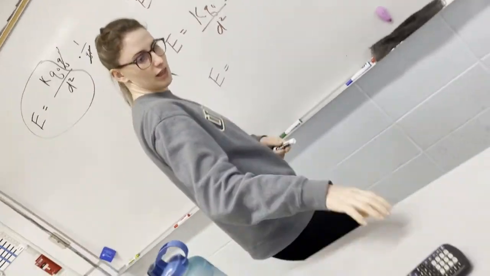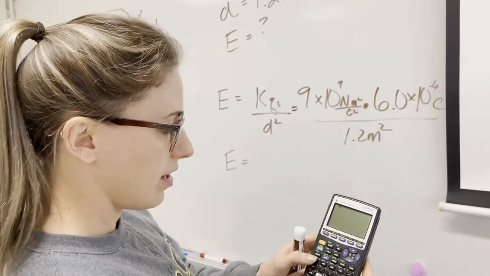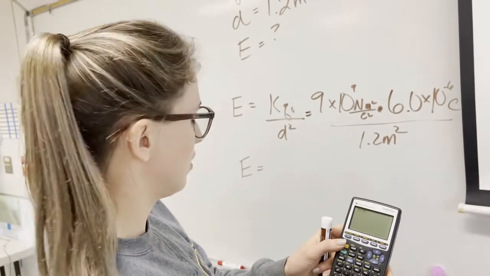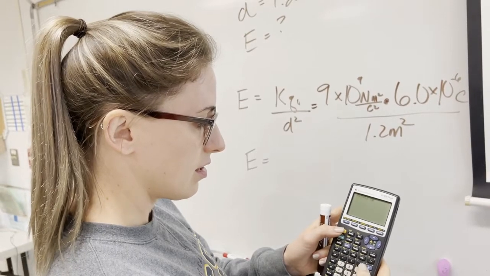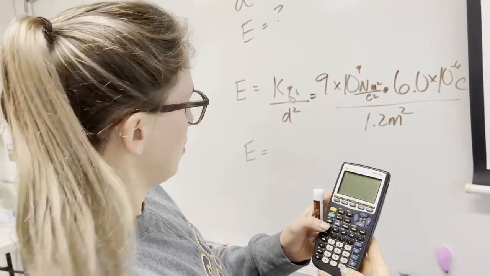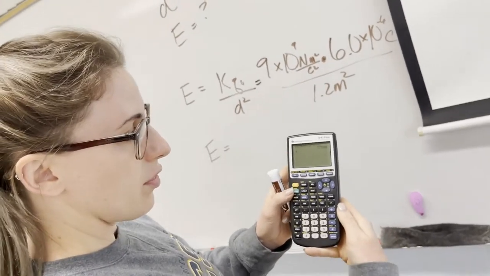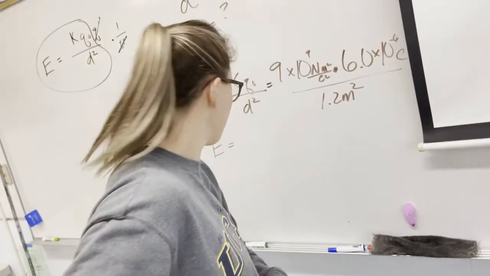Let's plug it in. I've got 9 times 10 to the 9th times 6 times 10 to the negative 6th, and I divide that by 1.2 squared. And I get 37,500.